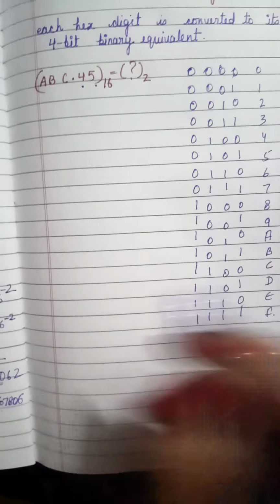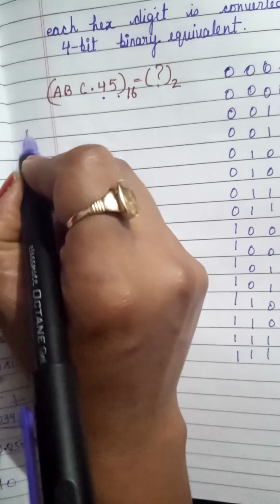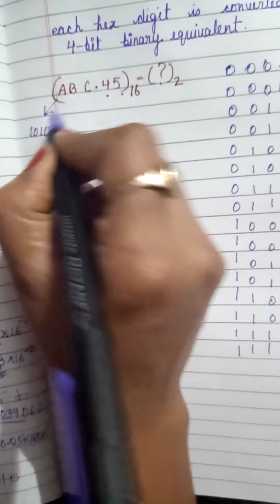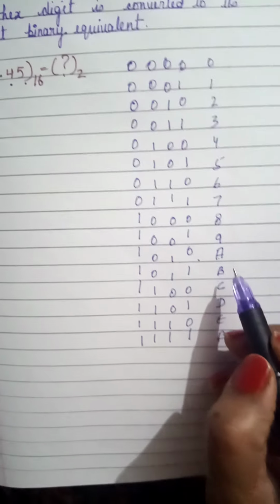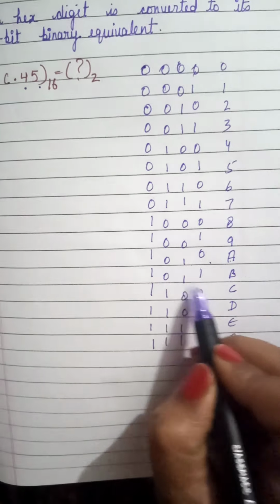Now you can write down the binary equivalent very easily from this table. The binary equivalent of A will be 1010. For B, 1011.